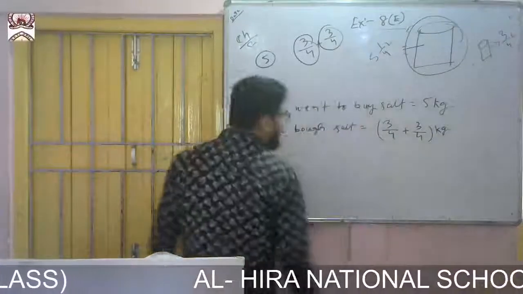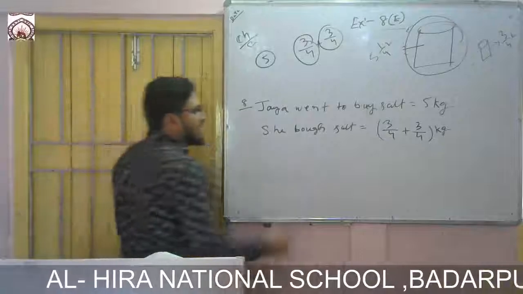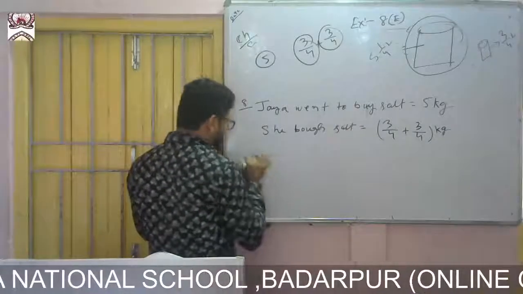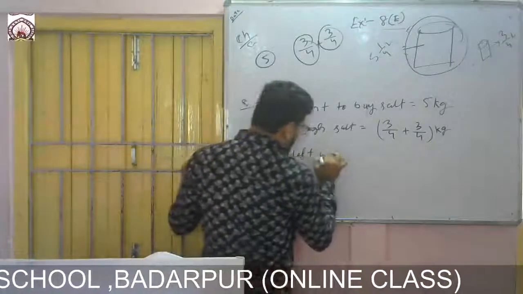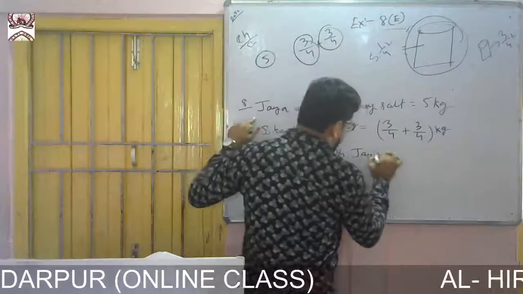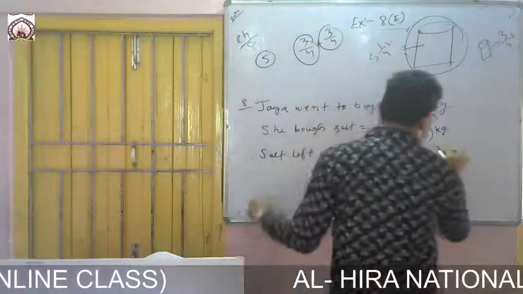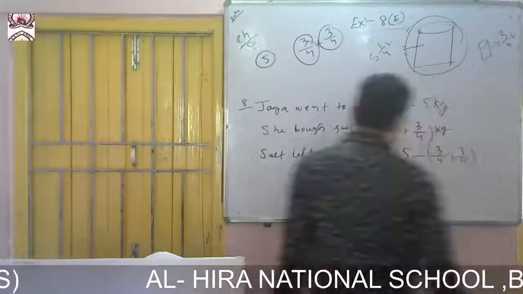Okay, now write: salt left with Joya will be 5 minus this one, 3/4 plus 3/4.